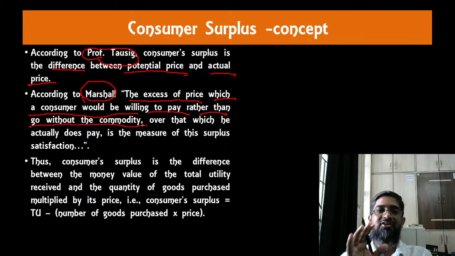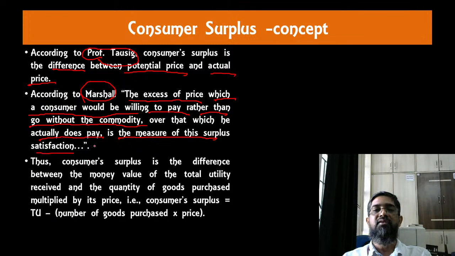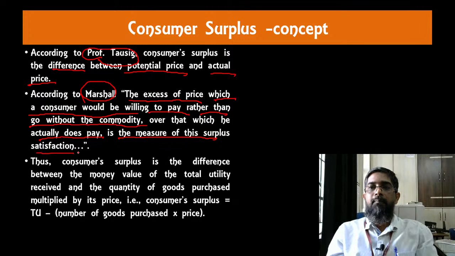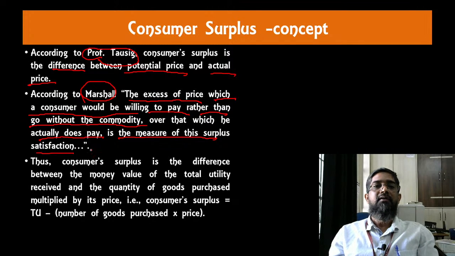So that excess amount over and above what the customer actually pays is the measure of this consumer's satisfaction, or surplus satisfaction. That is the concept. So that is the meaning of consumer surplus.